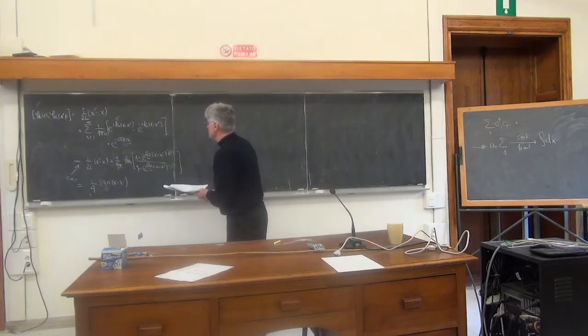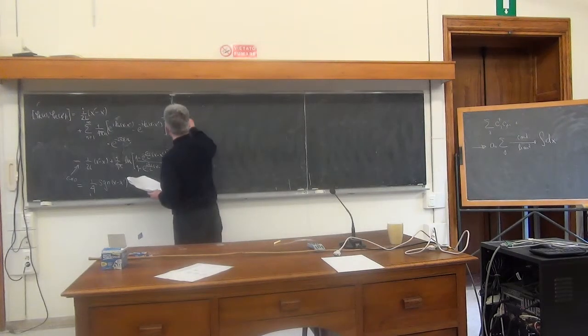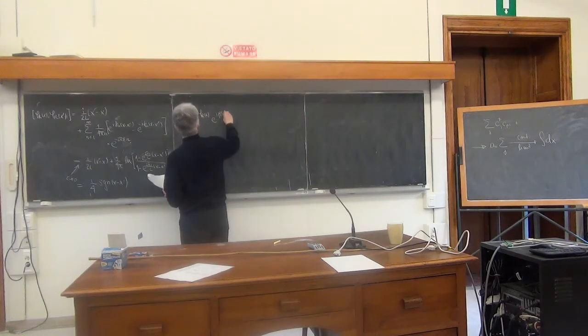Okay, so now, as I said before, what I wanted to calculate was this two-point function, e to the i alpha phi right of x, e to the i beta phi right of x prime.